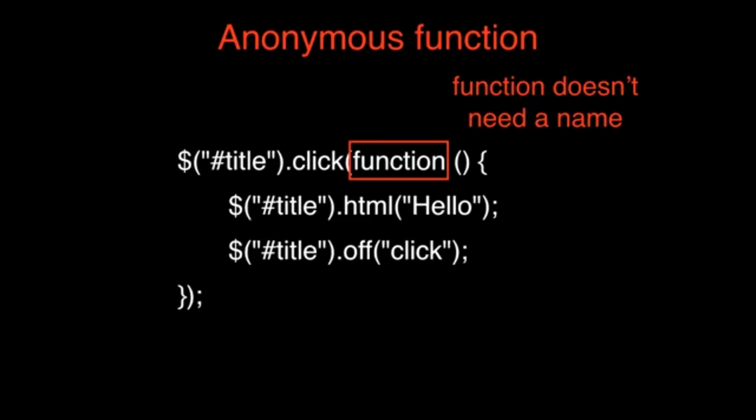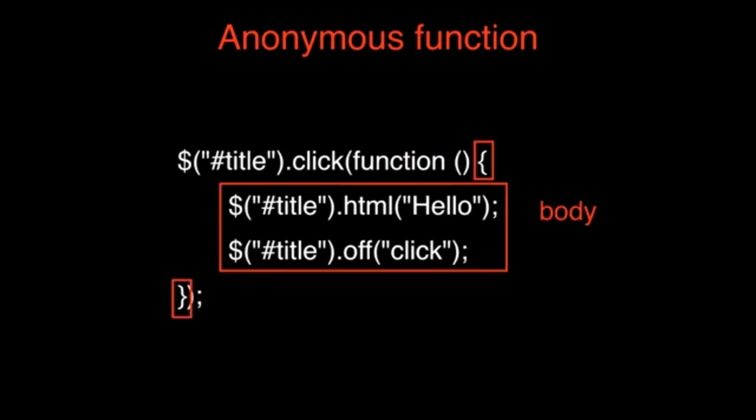So we're passing it into click, and it's changing the functionality of the click button, but we don't have to explicitly call it again, we don't have to give it a name, it's just created for the sole purpose of passing it into this function. And as you see, we're giving all of the function directly inside the brackets which define the arguments of click. So let's look at the rest of this.